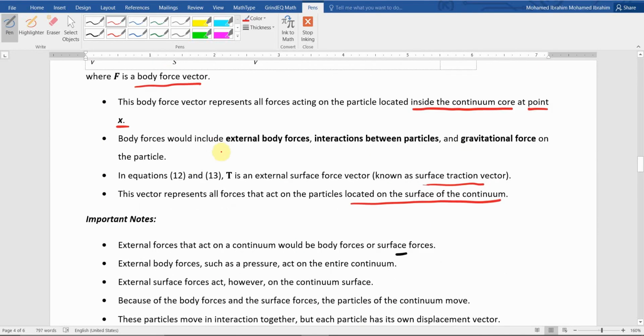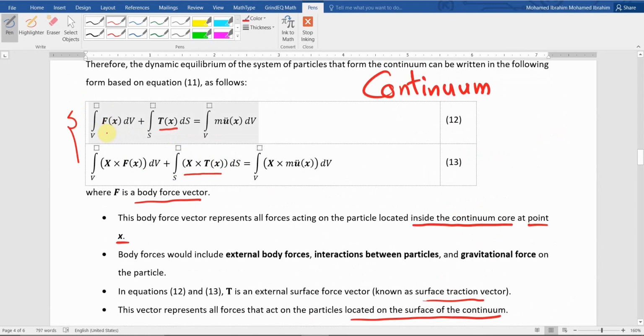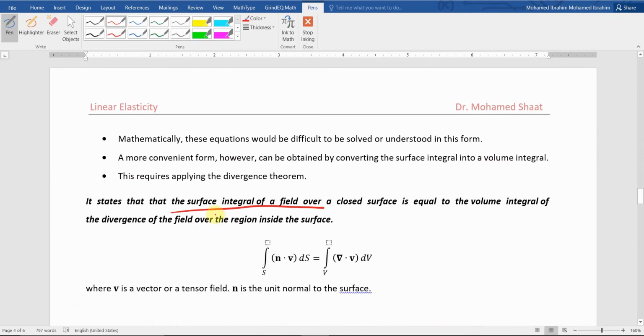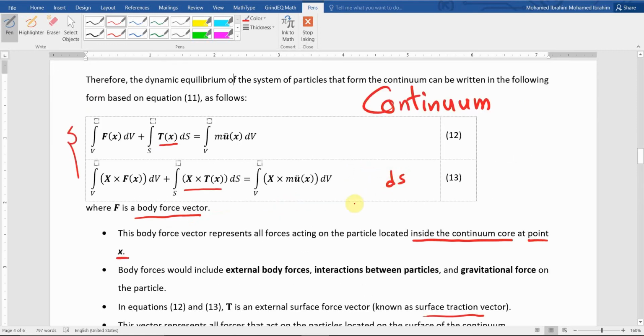Like for example here, this force is a force field, it is a function. T is a force field, the surface traction force field. This is the displacement field, which is U, it is a function. So all of these are different forms of fields. So if you have a field and there is a surface integral of this field, like in our case, we have the surface integral of T dS, right?